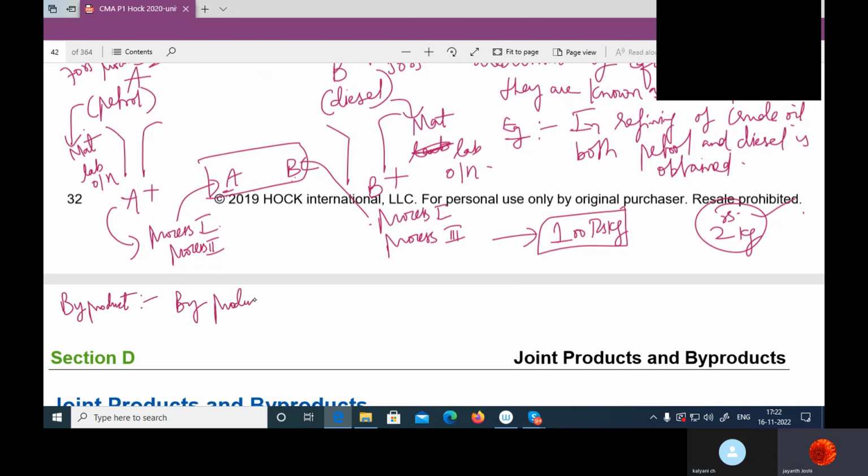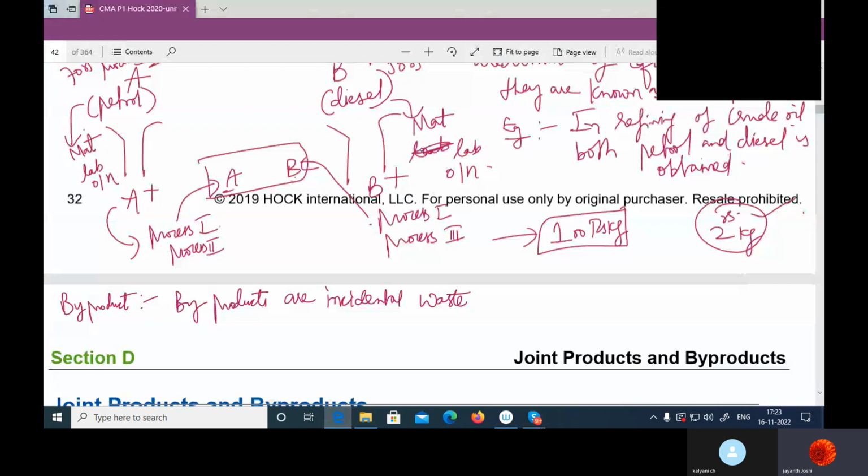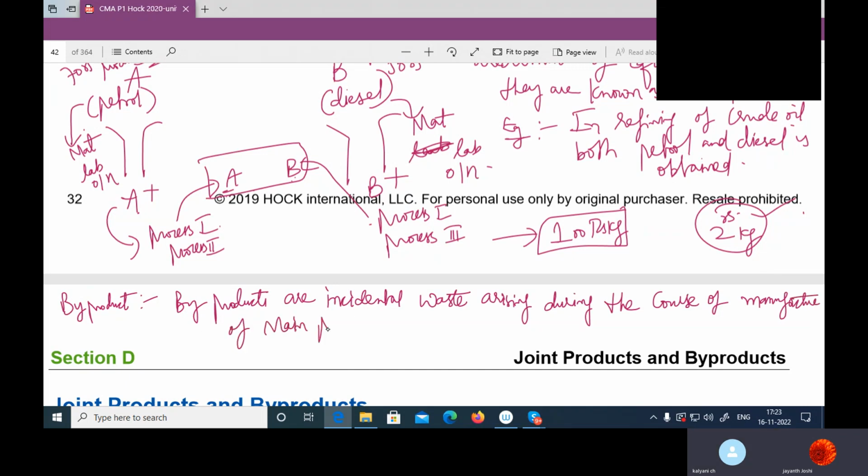Byproducts are incidental waste arising during the course of manufacture of the main product.